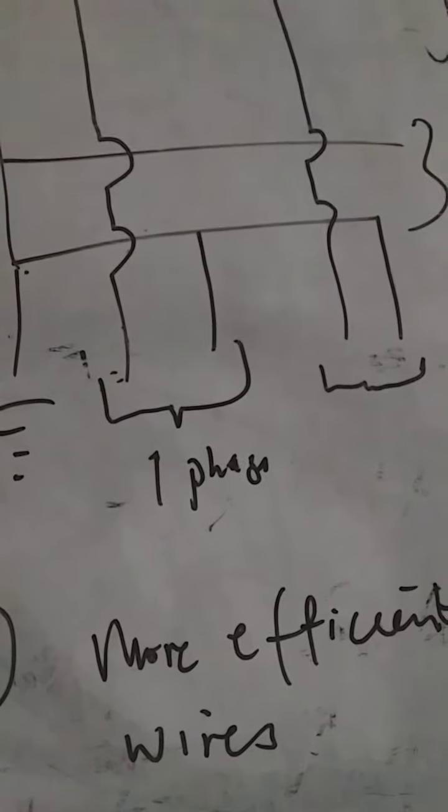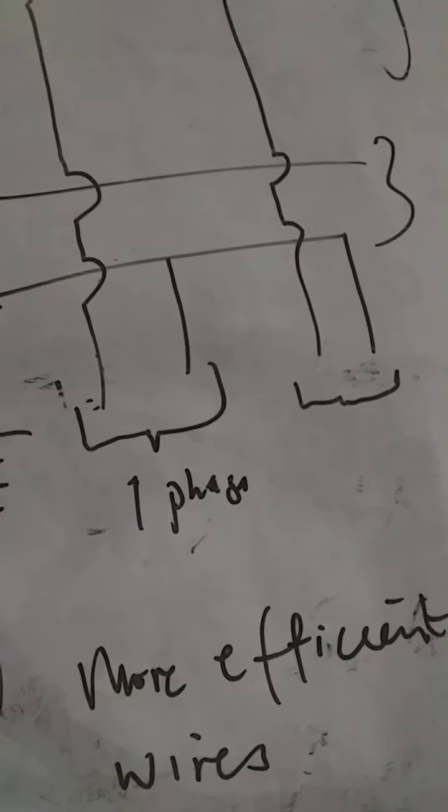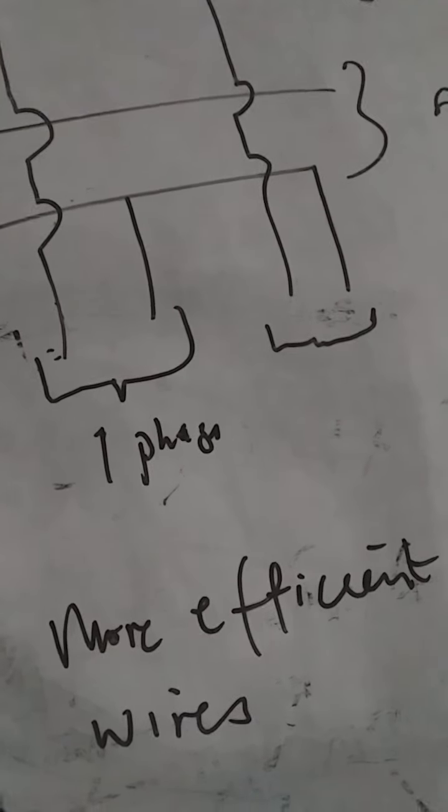That is three-phase system over the single-phase system. It has fewer ripples in the direct current output when alternating current is converted to direct current. That is when you convert alternating current to direct current, you have fewer ripples, which means there won't be much heat that will be generated.